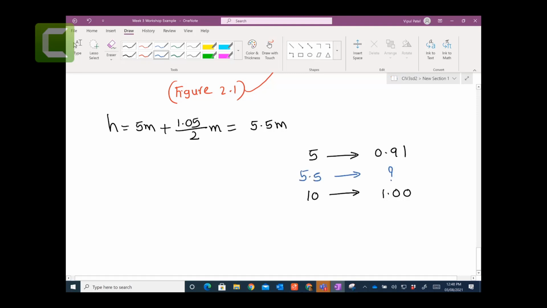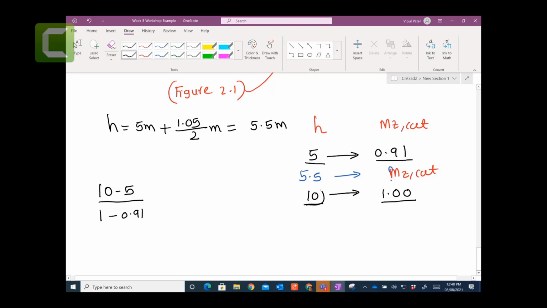How much is Mz,cat? Basically, this is your height and this is your Mz,cat. So we need to find Mz,cat. We take a ratio, interpolation: 10 minus 5, respectively 1 minus 0.91.